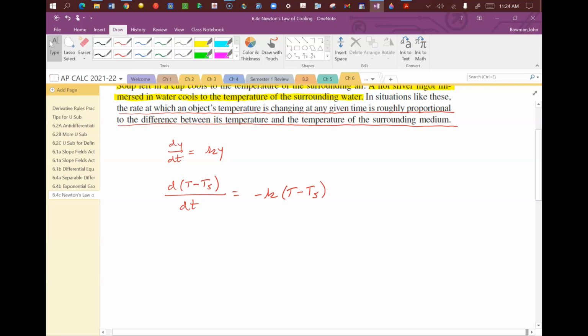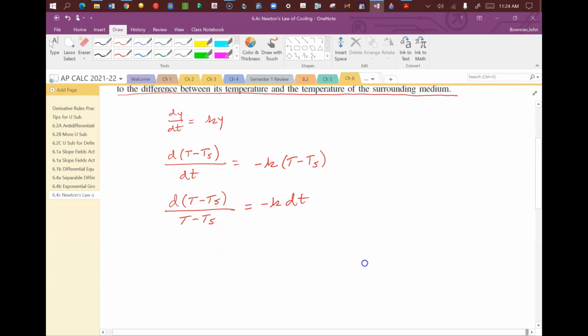So we now have a separable differential equation. We take the derivative of the difference in temperature with respect to time, and we separate that into dT over T minus Ts, so our variable T minus Ts is in the denominator, and that's equal to negative k dt.